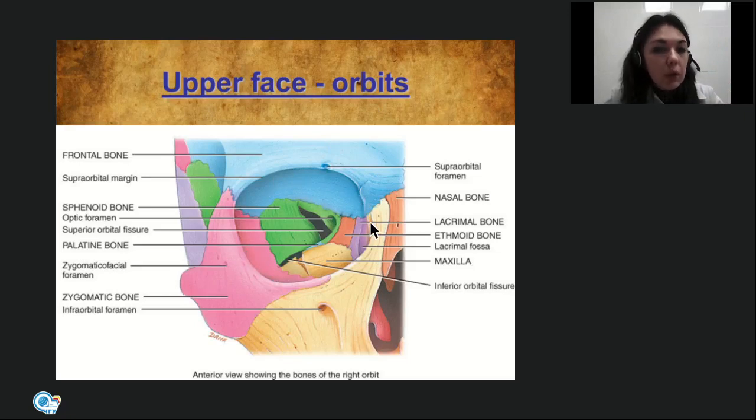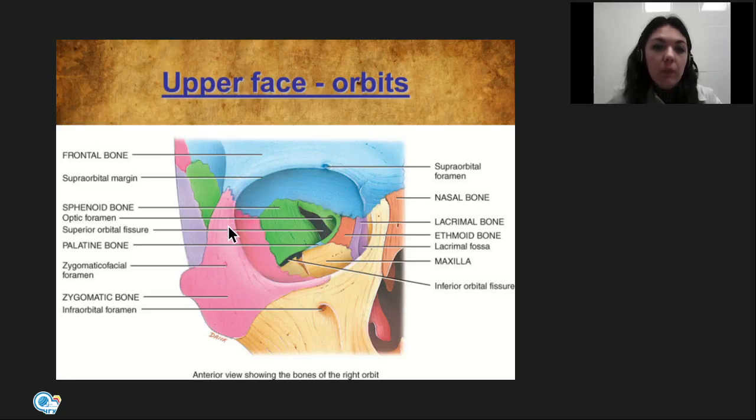The superior wall is formed by the orbital part of the frontal bone, and posteriorly by the lesser wing of the sphenoid bone. The lateral wall is formed by the orbital surface of the greater wing of the sphenoid bone, the orbital surface of the zygomatic bone, the zygomatic process of the frontal bone, and the frontal process of the zygomatic bone.